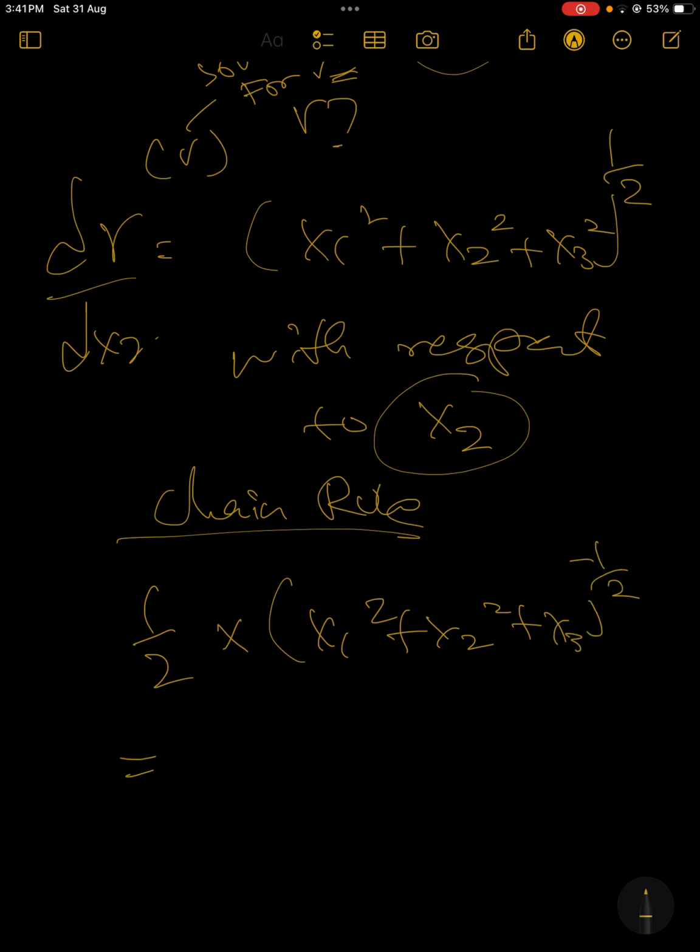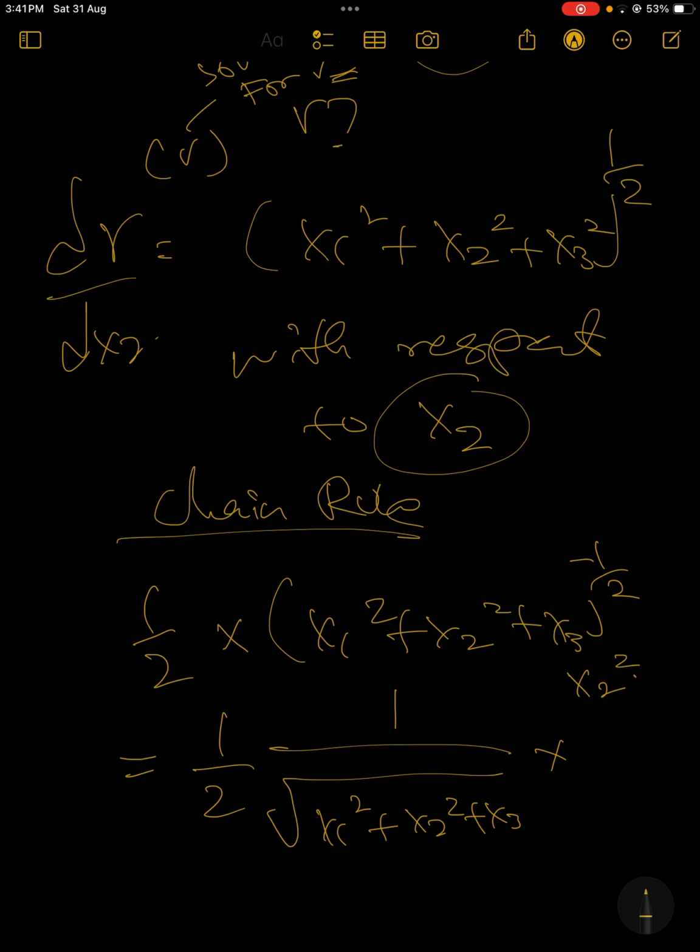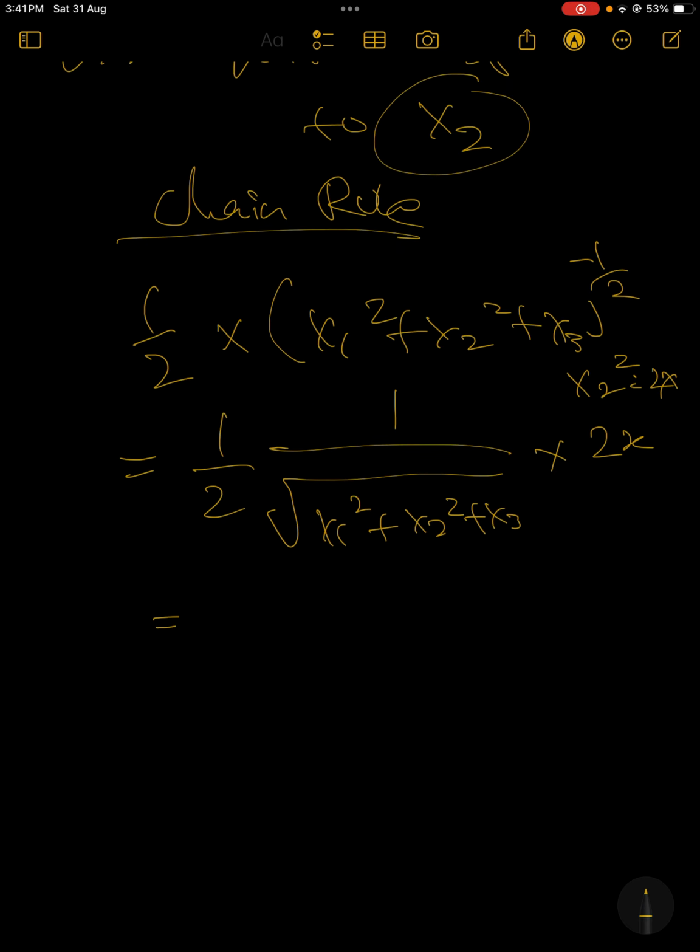So it will actually equal 1 over root of x1 squared plus x2 squared plus x3 squared multiplied by the derivative with respect to x2 of x2 squared, which will be 2x2. Now we multiply the half with the 2x2, which equals 1. So it's going to be x2 divided by r, because that's dr divided by dx2. The other terms will equal 0 because that's 0 plus 2x2 plus 0 and so on.